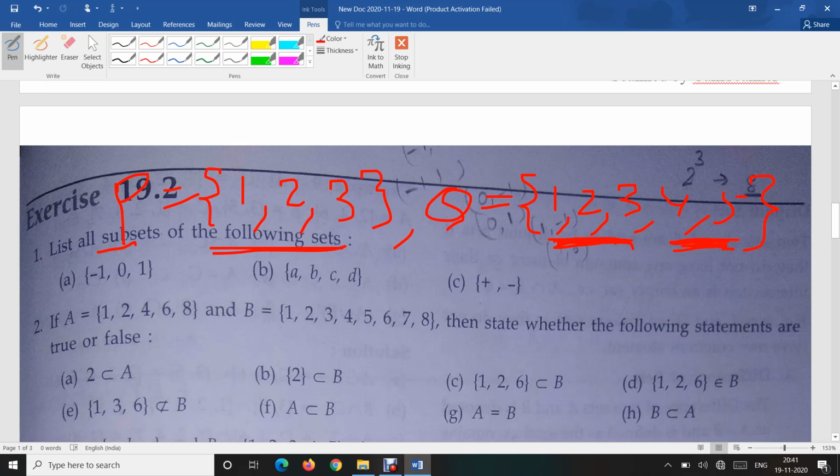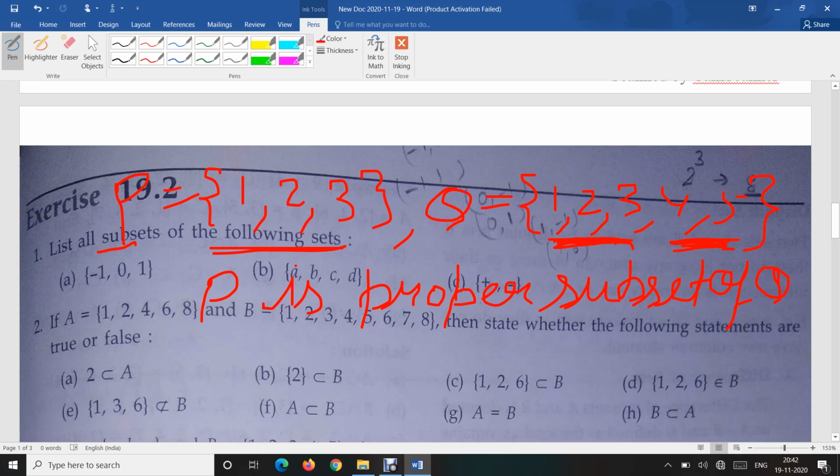Now, if we have more elements other than the present set, then we can say that P is the proper subset of Q. And how do we denote this proper subset?